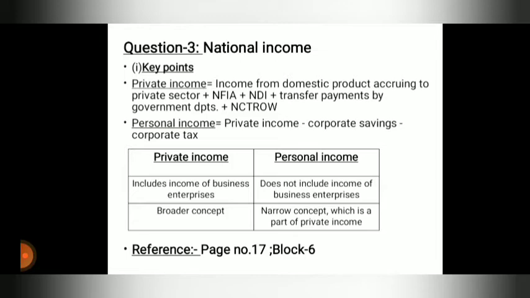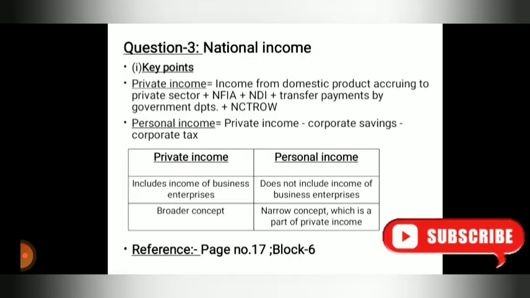However, private income will include corporate savings and corporate tax. And second, private income is a broader concept, while personal income is a narrow concept which is a part of private income. For more, you can refer to page number 17 of block 6 of IGNOU study material.